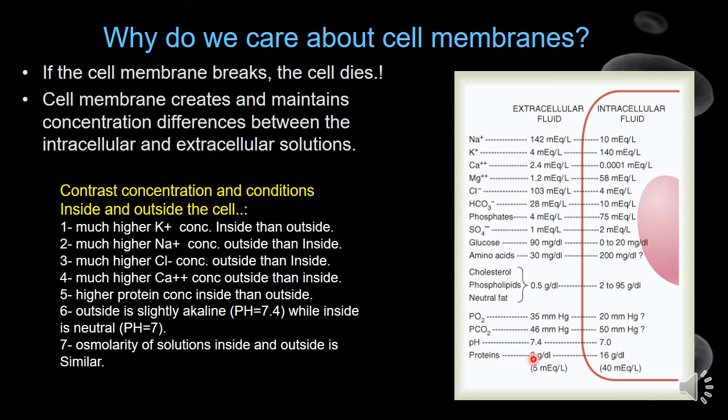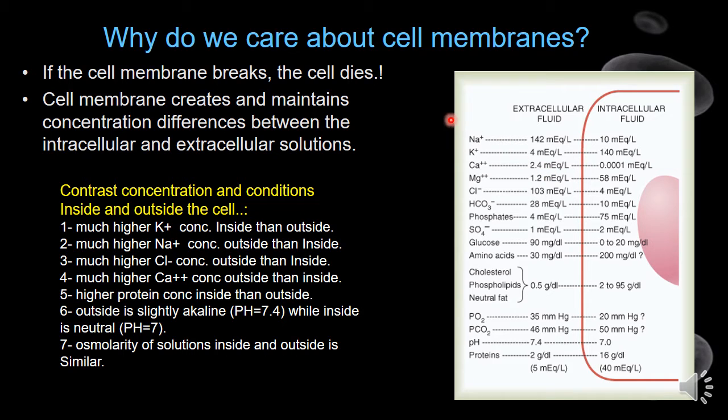As you can see, the concentration of ions and substances in extracellular fluid is quite different from intracellular fluid. You don't need to remember the numbers, but you have to know how much sodium is outside in comparison to the inside.